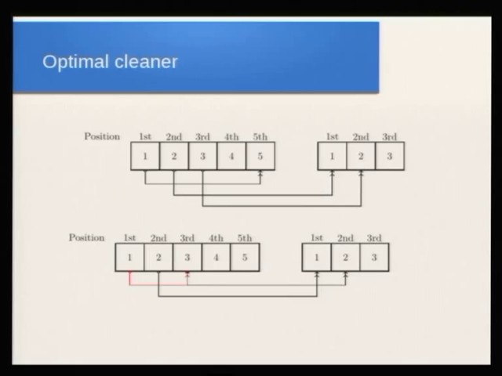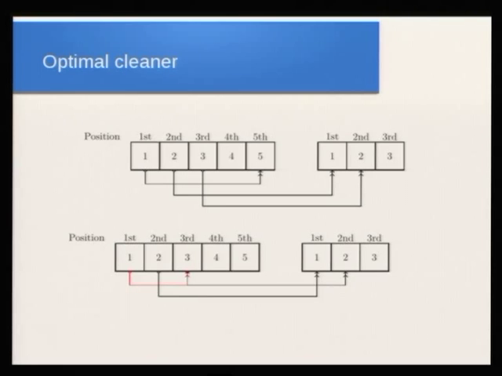So then you can ask, what is the optimal cleaner? What is the optimal way to choose pages to clean? What is the best possible choice? The best possible choice is the one which selects the page which has the farthest access in the future, because that will result in the highest amount of clean pages available and for the shortest amount of time.